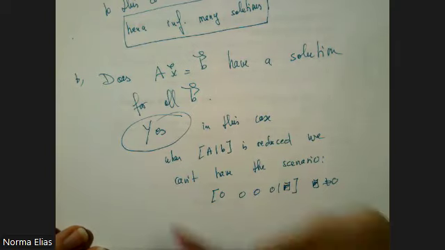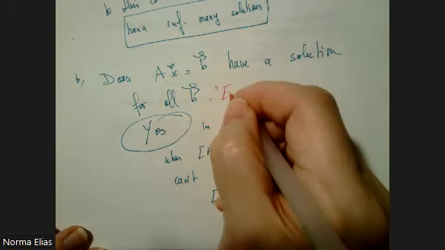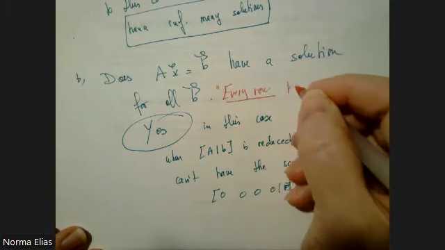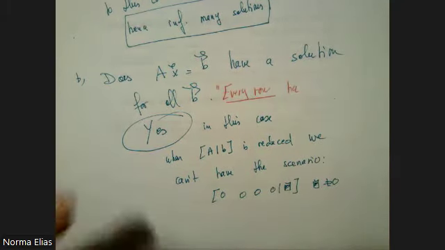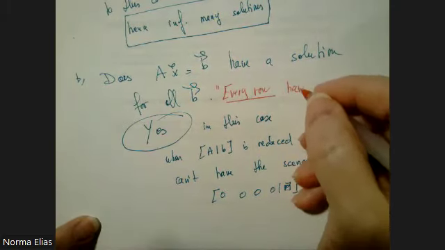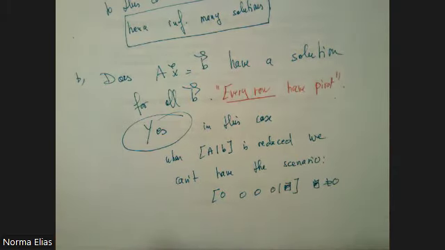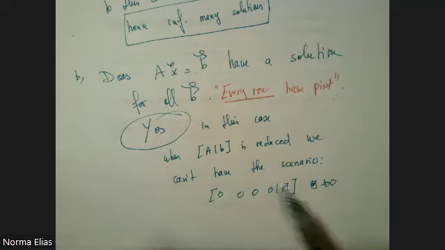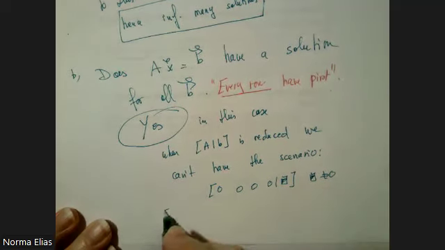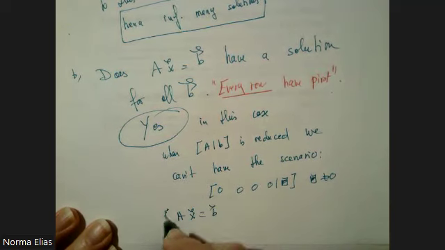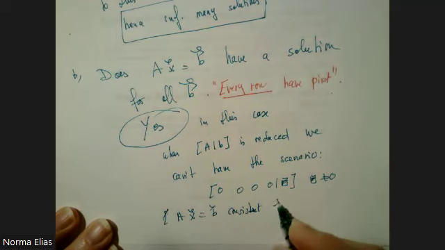So let us know that in this scenario, every row has a pivot. I have 3 rows and I have 3 pivots. Every row has a pivot. It means that when we reduce, we cannot have that scenario. Hence, AB is consistent for all B.